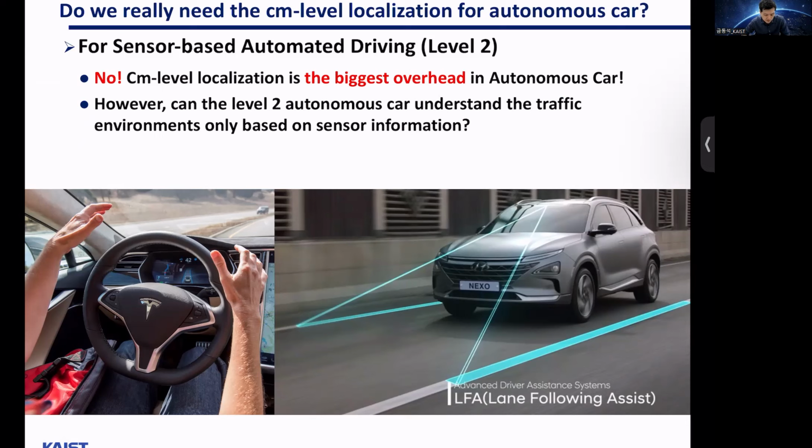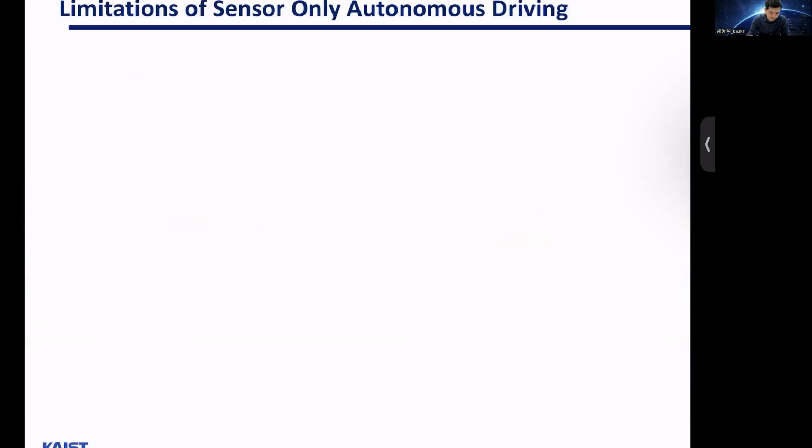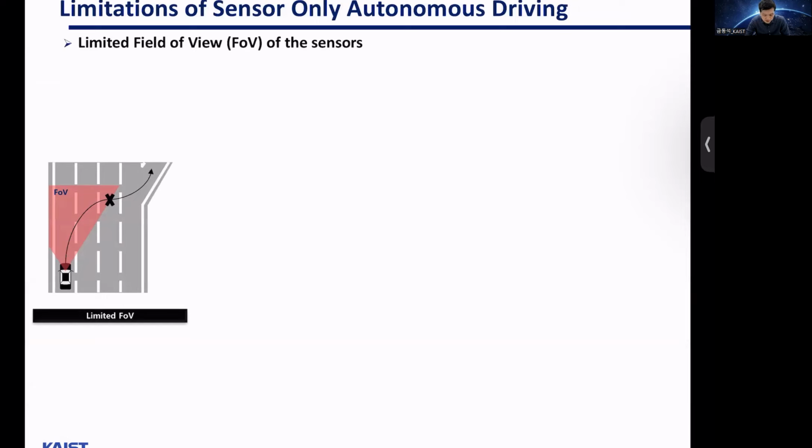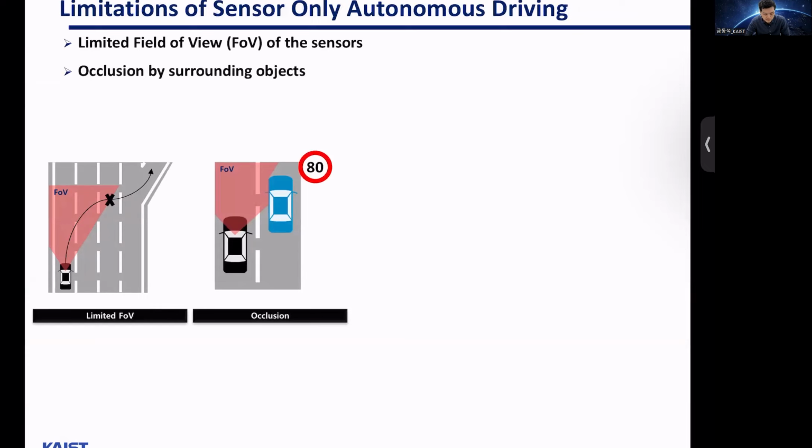So, for instance, can a level 2 autonomous car understand the traffic environment based only on sensor information? Let's take a look at these scenarios. If you build autonomous vehicles that rely only on sensors, then you will have a limited field of view, and you will have occlusions by surrounding objects.